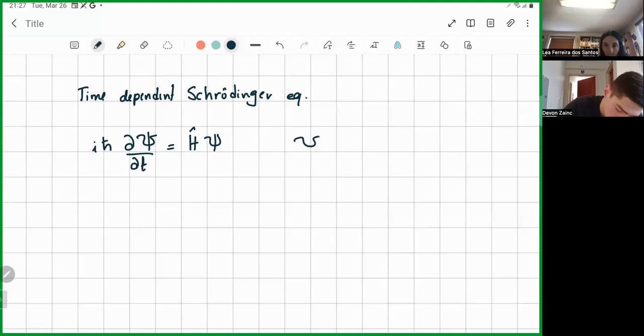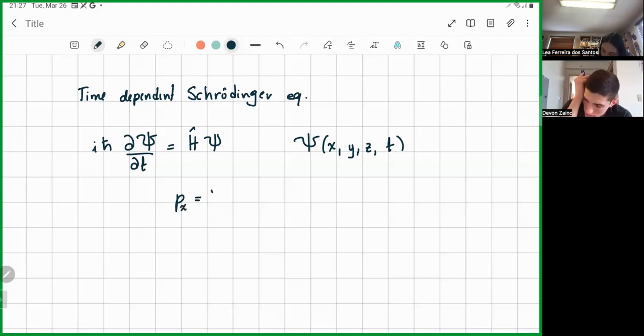Well, this function now is not a function just of x, it's of x, y, and z, and time. So this means that the Hamiltonian is not going to involve just one derivative in the x direction, but also in the y and in the z. And the momentum operator that we've been playing with, now there is momentum in X, in Y, and in Z.